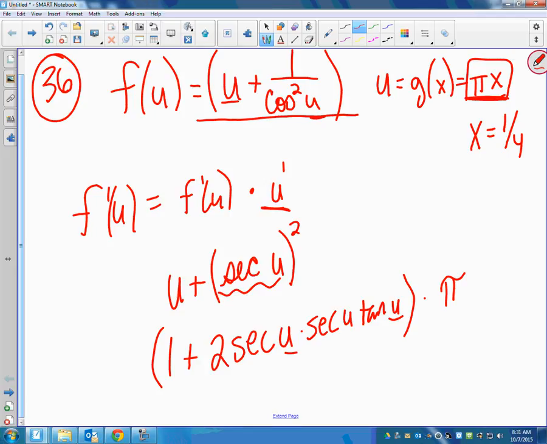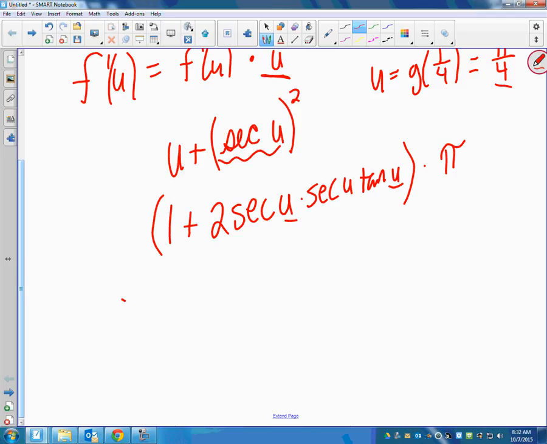That would be the difference of what we have here. What do we need to do? We need to substitute in what is u when x equals 1/4. So again, just like we did yesterday, we could say u equals g of 1/4, which would just be pi times 1/4, or that's just pi fourths. And so now that's what we're going to plug in here for u to find the derivative at that point.